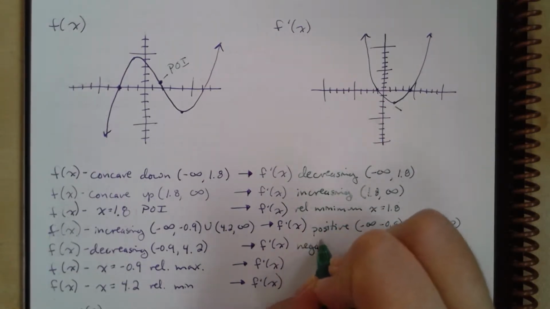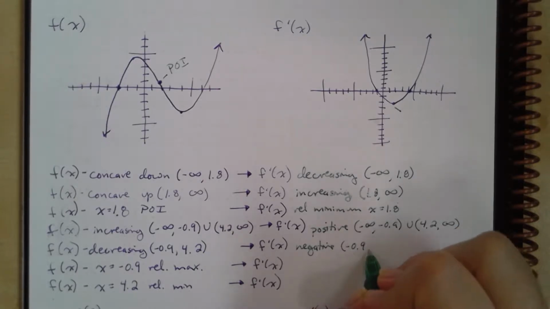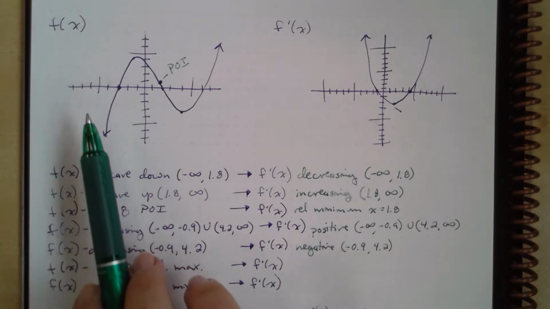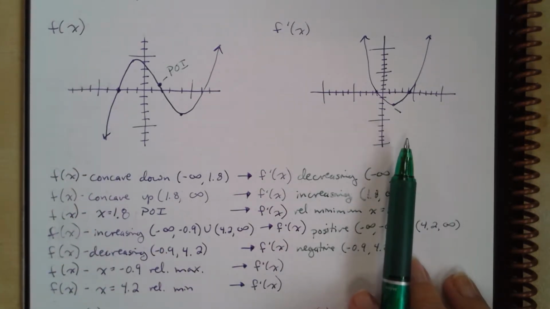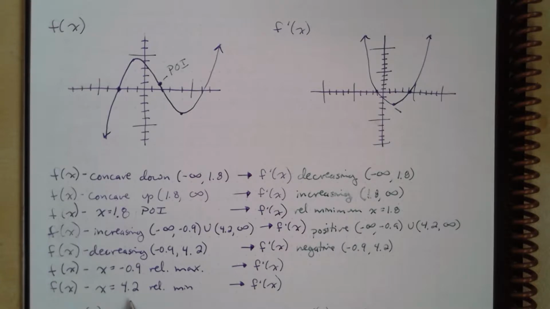So hopefully you're starting to see a little bit of the pattern that we've got going on here, as to what's going to happen to the graph of our function in relation to our derivative. At negative 0.9 we have a relative maximum. I'm just going to do these last two together. And at 4.2 we have a relative minimum.